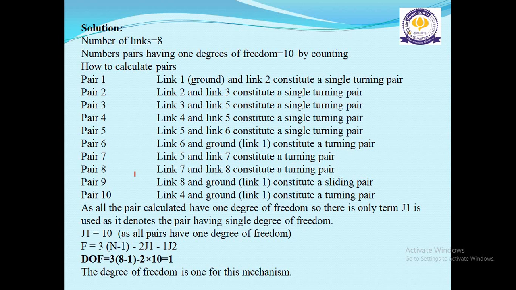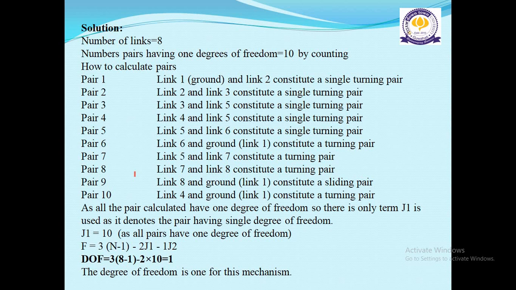As all the pairs calculated have 1 degree of freedom, only the term j1 is used, as it denotes pairs having a single degree of freedom. So j1 is equal to 10. So F is equal to 3 into (N minus 1) minus 2 into j1 minus 1 into j2.